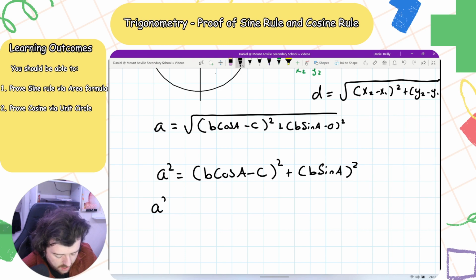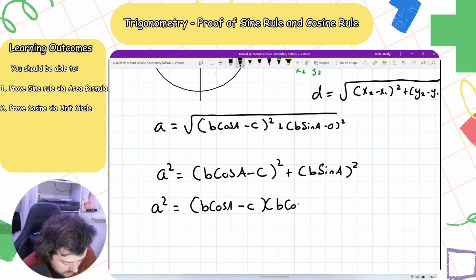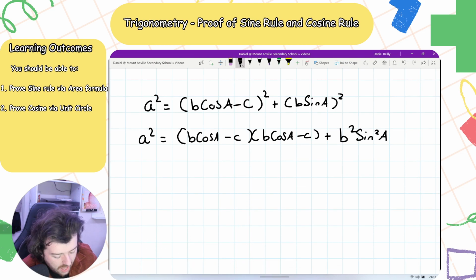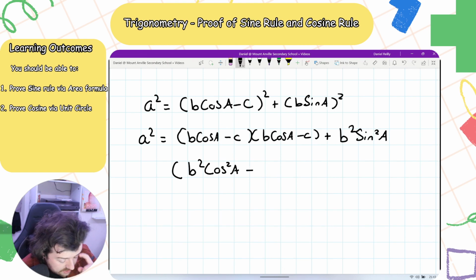Now you multiply out this bracket, so it's going to be b cosine A minus c times b cosine A minus c, plus, squaring this bracket out, b squared sine squared A. Now we multiply out these brackets. b cosine A times b cosine A is b squared cosine squared A. b cosine A times minus c is going to be minus bc cosine A. You see now our formula is starting to take shape.